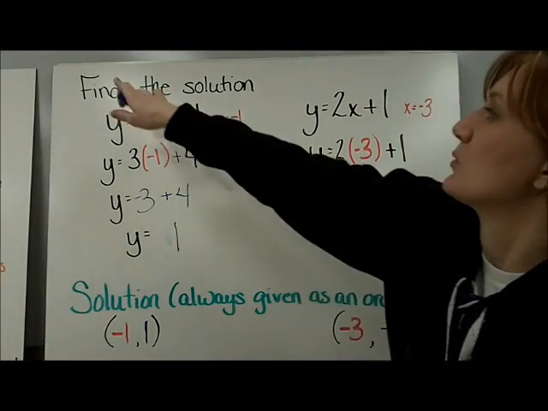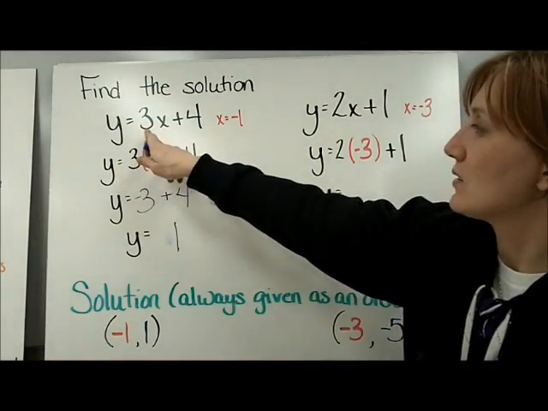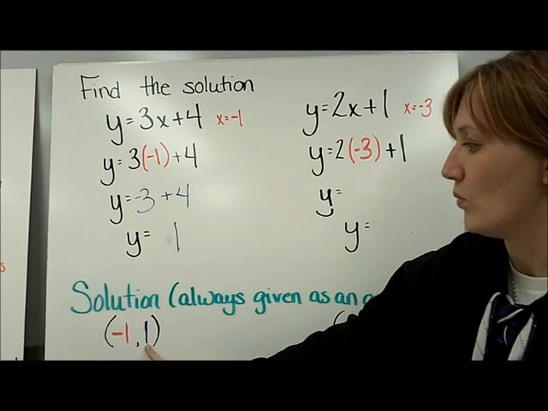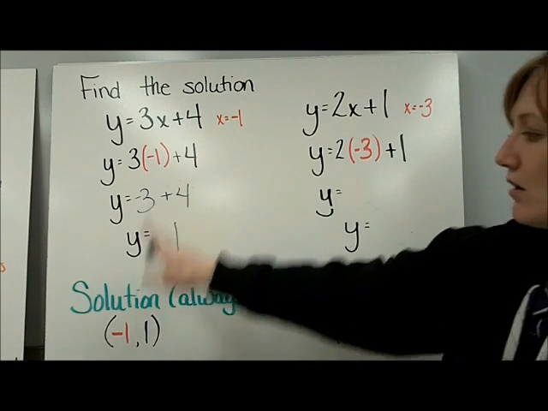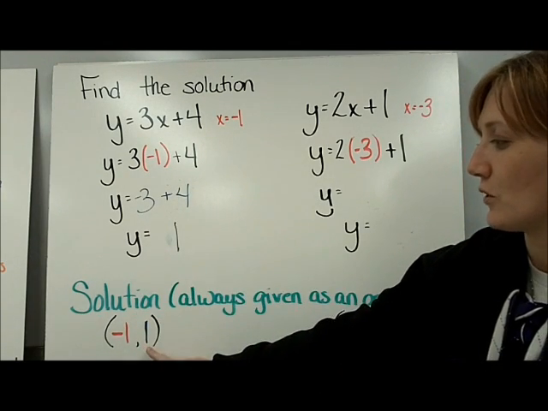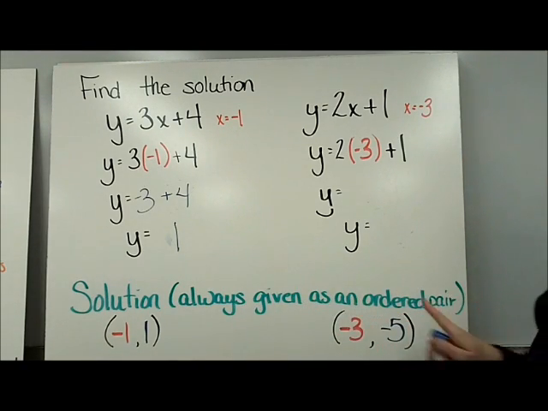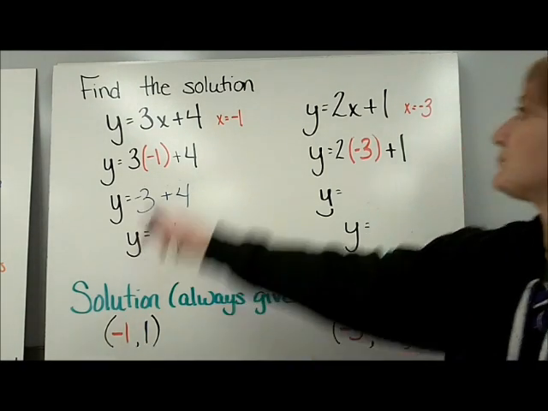So the solution for this equation is -1, 1. The x value was already given to us, and we solved for the y value. Remember that a solution always is given as an ordered pair. This is an ordered pair.